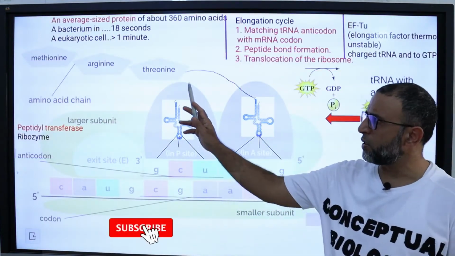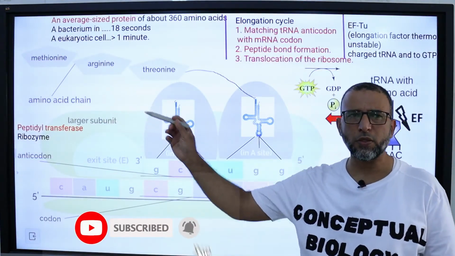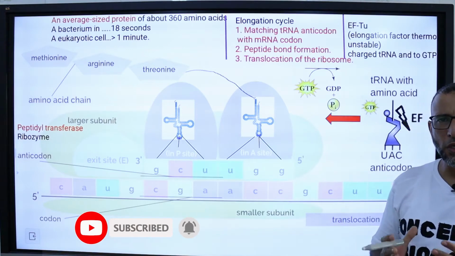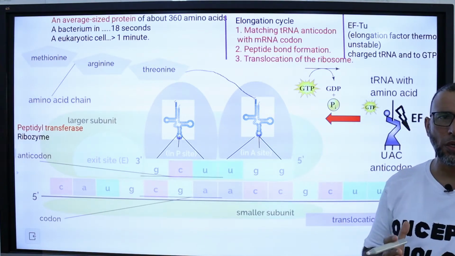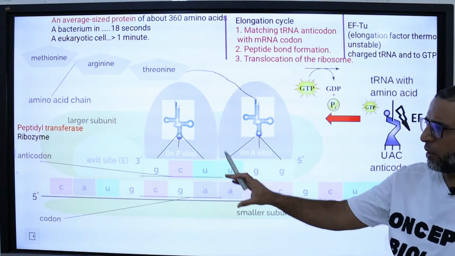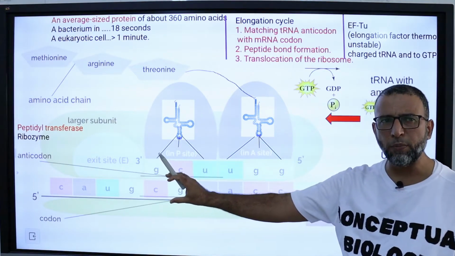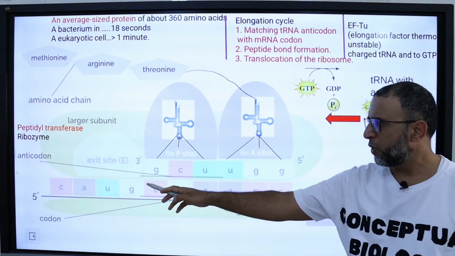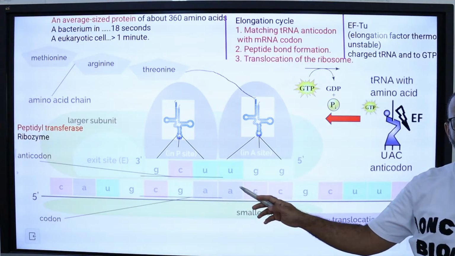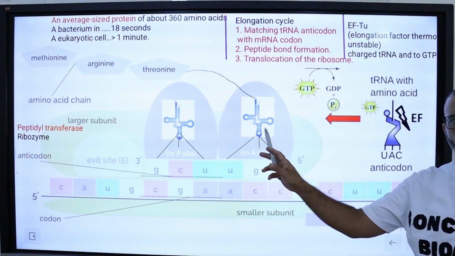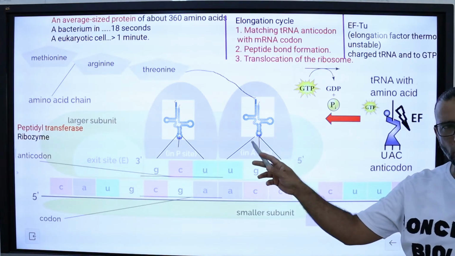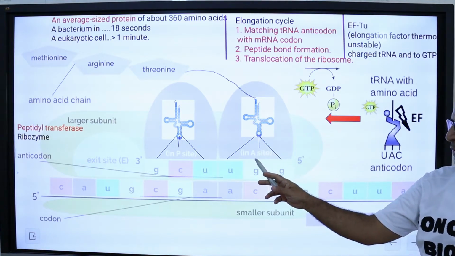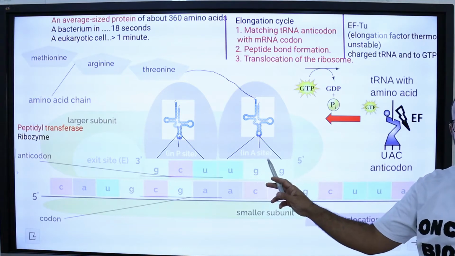Elongation cycle adds amino acids successively. Elongation is essentially the same process in prokaryotes and eukaryotes. When the entire ribosome is assembled around the initiator tRNA and messenger RNA, the second charged tRNA can be brought to the ribosome and bind to the empty site, which is called the A site.